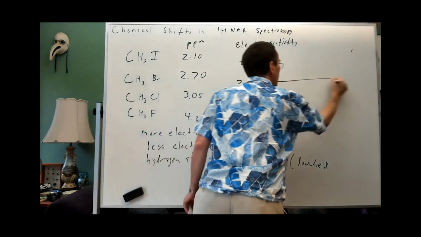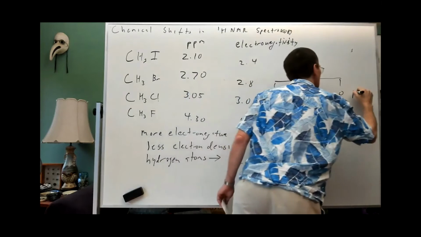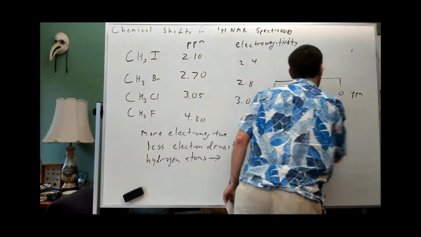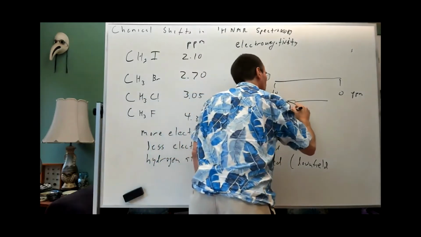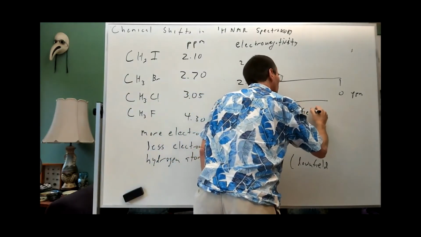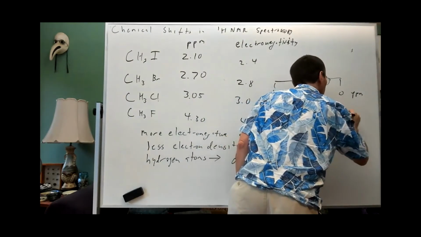So in other words, if you have a spectrum and you go from, say, 0 to 10 ppm, this direction is downfield. This direction is upfield.